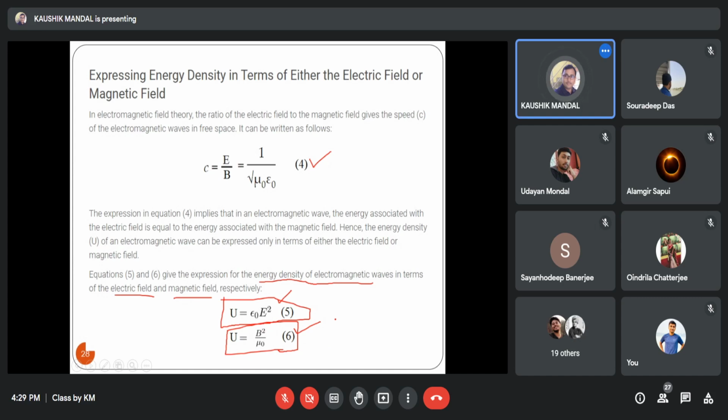We have basically started with the basics of vector fields. Then we entered into the coordinate systems, where we discussed the different transformations, from one coordinate system to another. Then we entered into electrostatic fields, where we derived two Maxwell's equations. Then we entered into magnetostatics, where we derived another two Maxwell's equations.